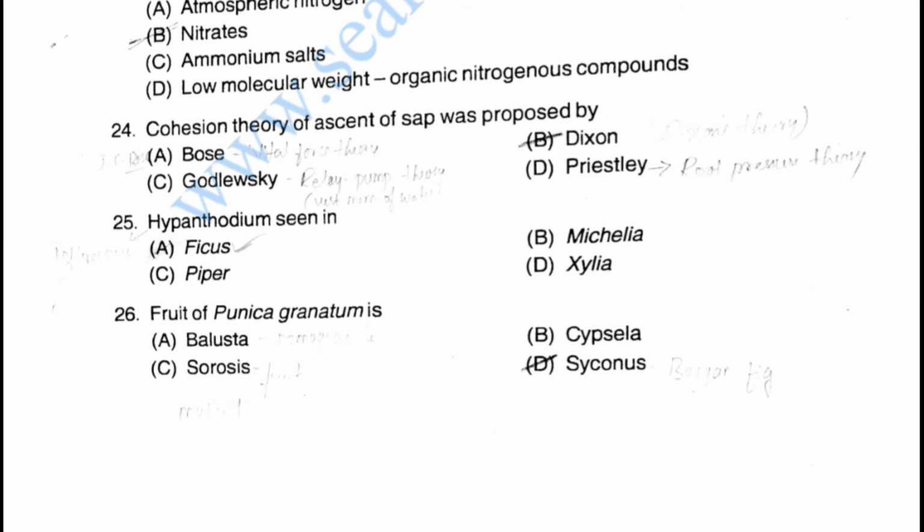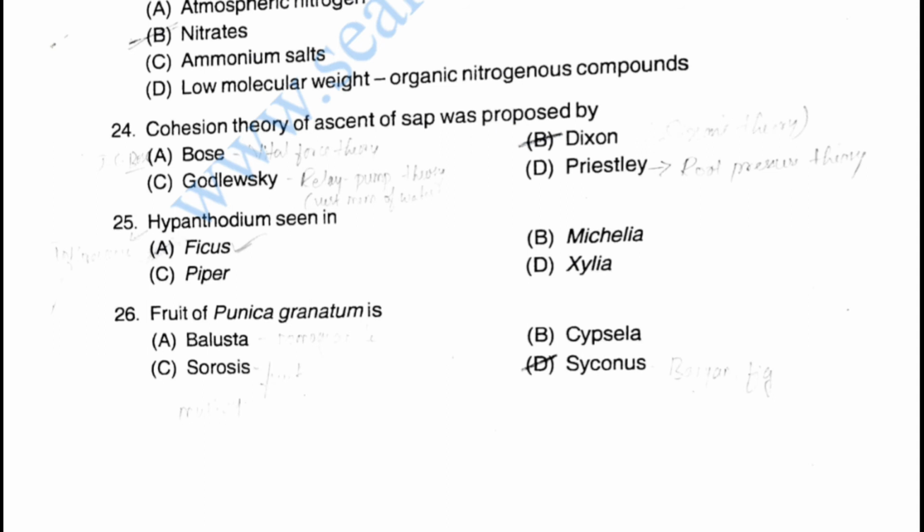Next question number 26. Fruit of Punica granatum is dash. Okay, what is the fruit of Punica granatum? You know what is Punica granatum? That is the pomegranate. Okay, pomegranate. Clear? Pomegranate, and the name of the fruit of pomegranate is balausta. Okay, a student has clicked Psychonos.